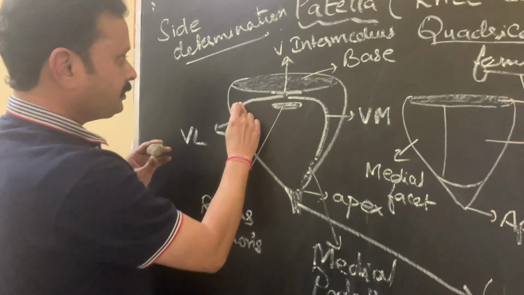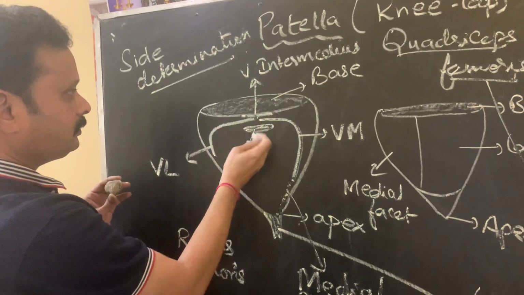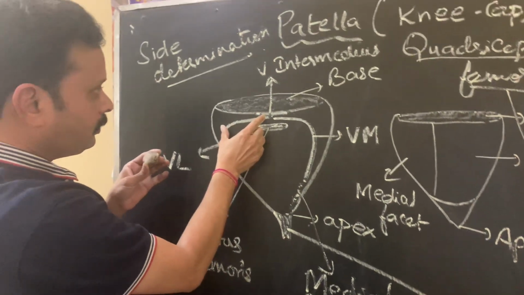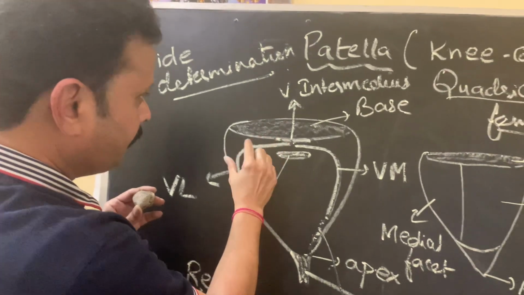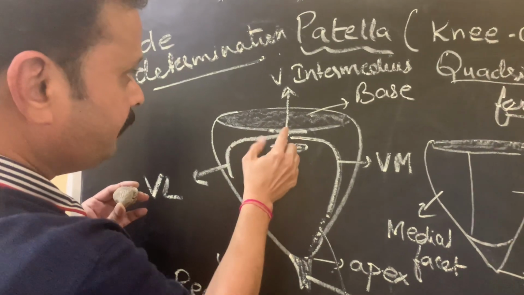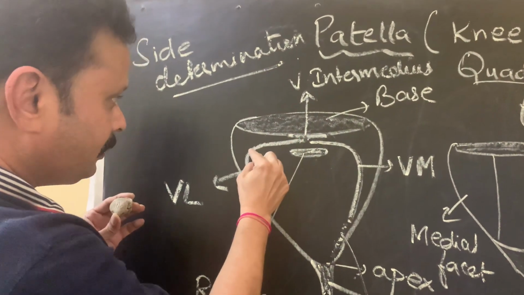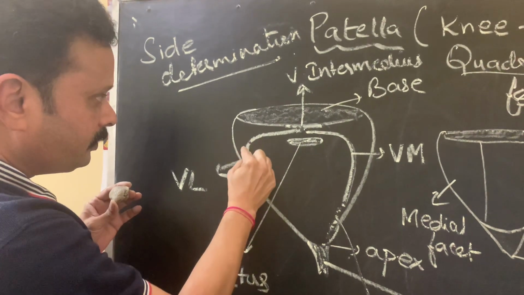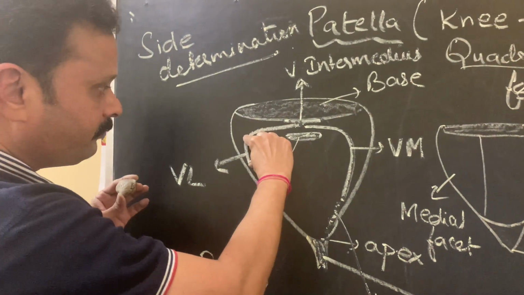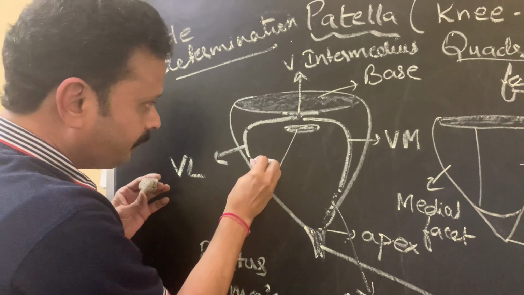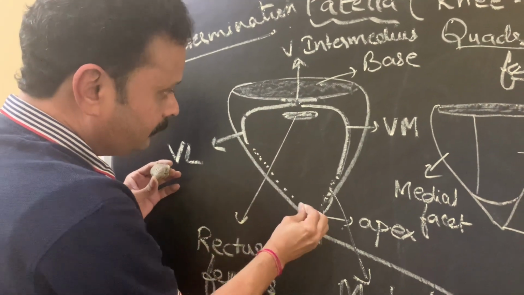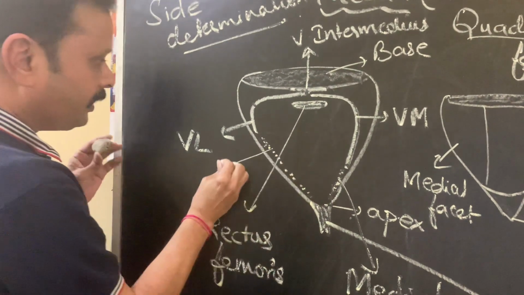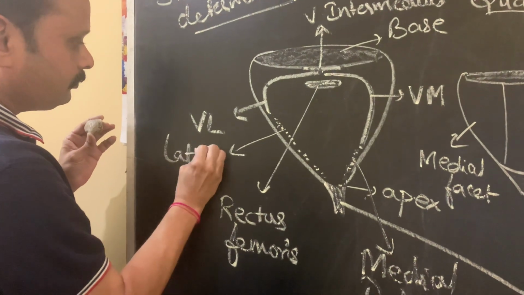Similarly, this is the vastus lateralis, which is transversely placed in its 2/3 just behind the vastus medialis, but it also extends along the lateral border in its upper 1/3 extent, and the remaining lateral border is related to the lateral patellar retinacula.